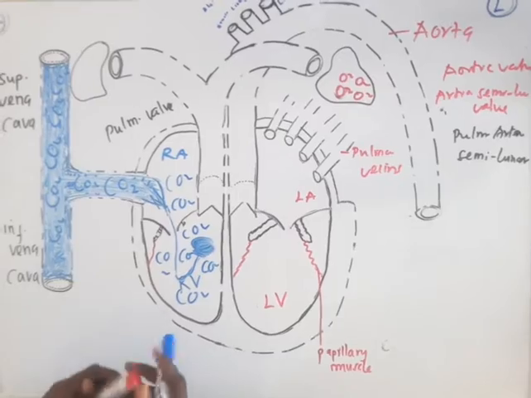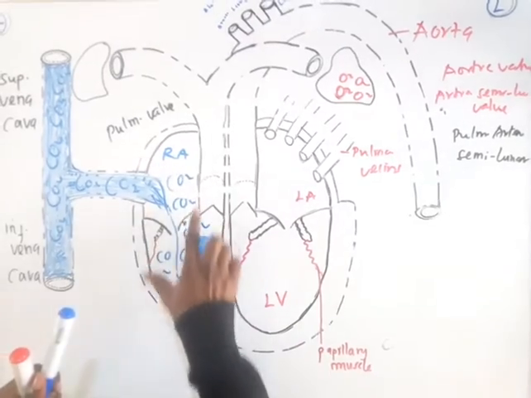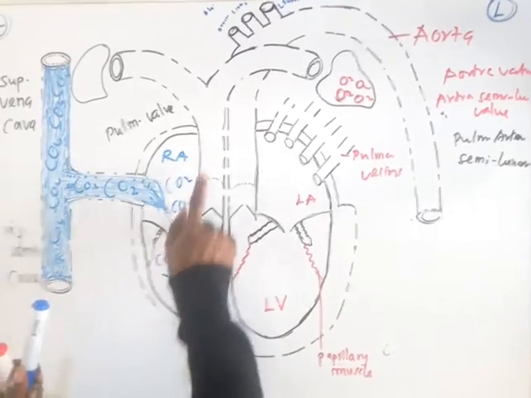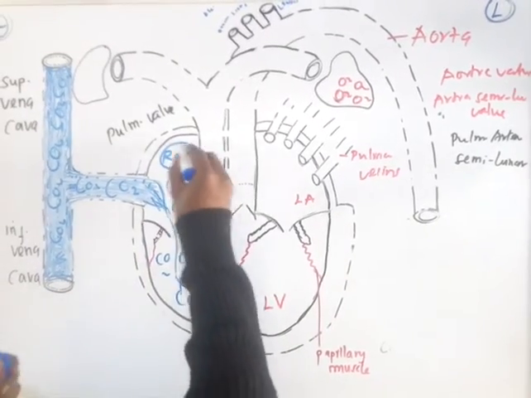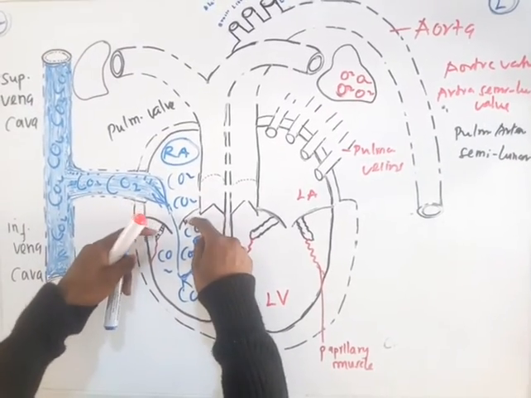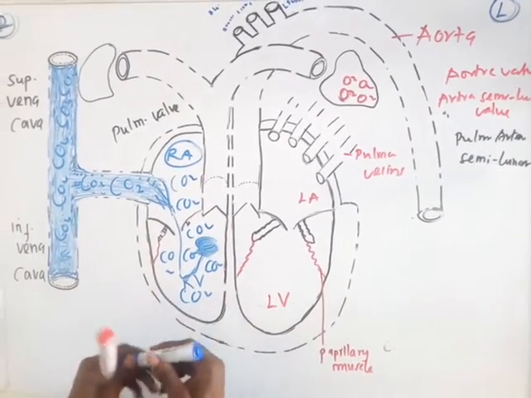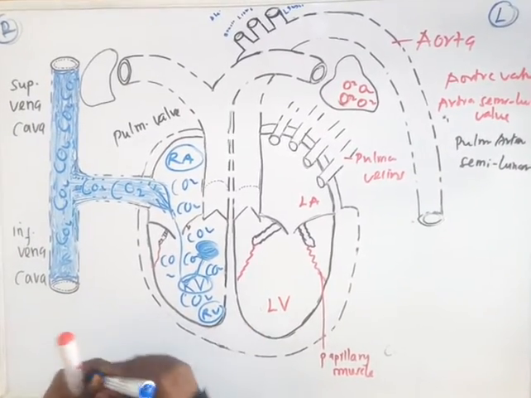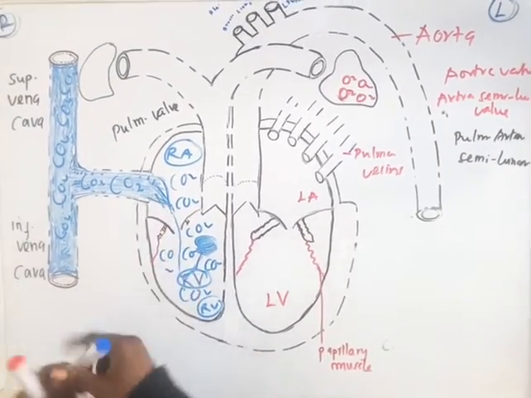Are you okay? Good. Now, this is the right atrium, this chamber. Now this valve opens back into the right ventricle. The right ventricle has CO2 blood, that is deoxygenated blood.